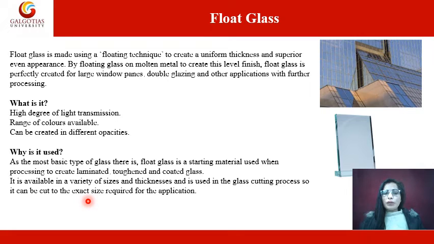It is available in a variety of sizes and thicknesses and used in the glass cutting process, so it can be cut to the exact size requirement for the application. It has a high degree of light transmission, a range of colors available, and can be created in different opacities. That's why we use float glass.